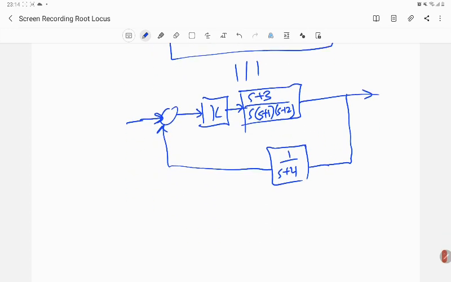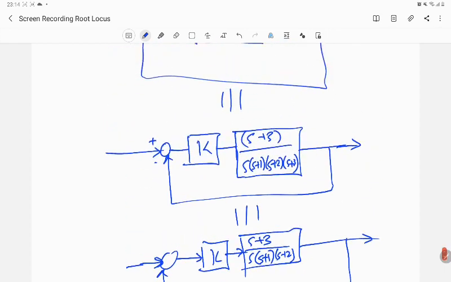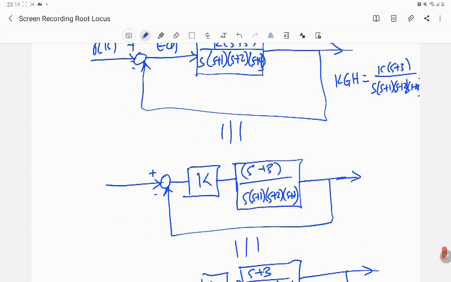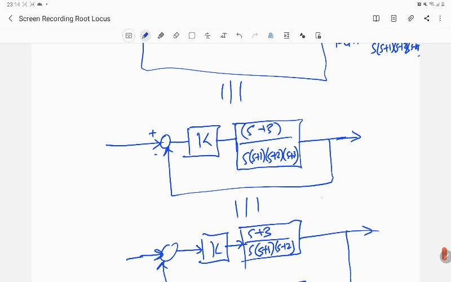Then what I want you to understand is, for this one, KGH will be equal to K(s + 3) over s(s + 1)(s + 2)(s + 4).